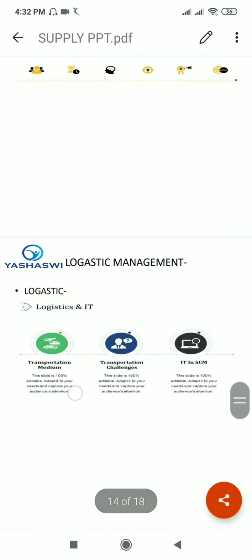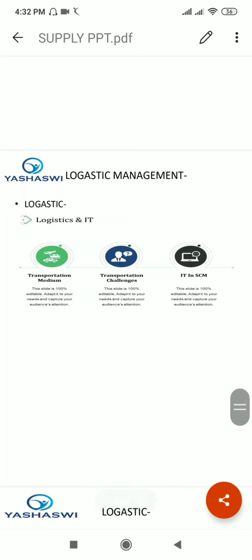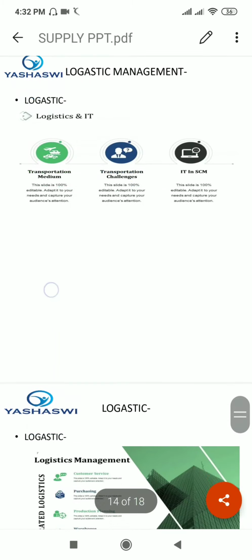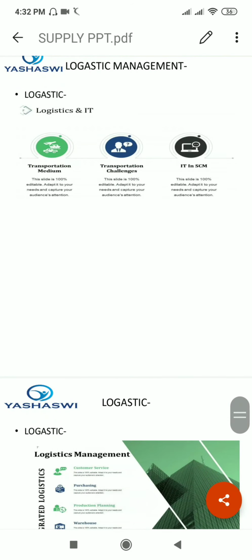Now logistics management is a store for finished product. Logistics departments come in. There is some relationship shown between logistics and the IT sector, transportation medium, transportation challenges, and IT in supply chain management.